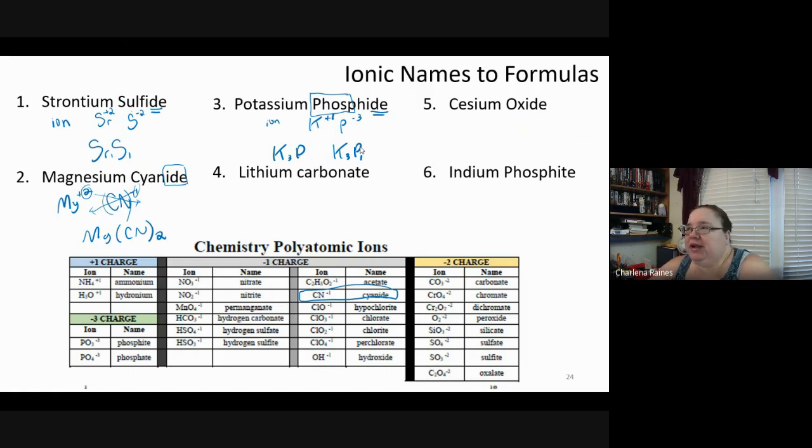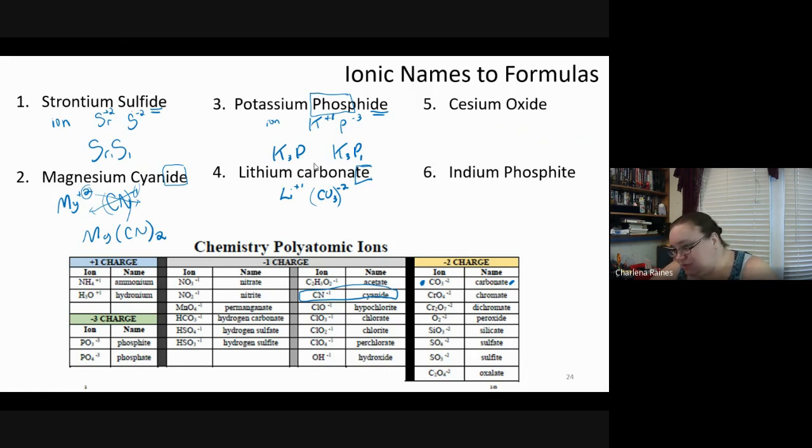So number 4, it ends in TE. TE tells me we are looking at a polyatomic. So carbonate is over here with that -2 charge. CO3 -2. I'm just going to go ahead and slap some parentheses on it. Lithium is in group 1. It forms a +1. Charges can't reduce. They can't simplify.